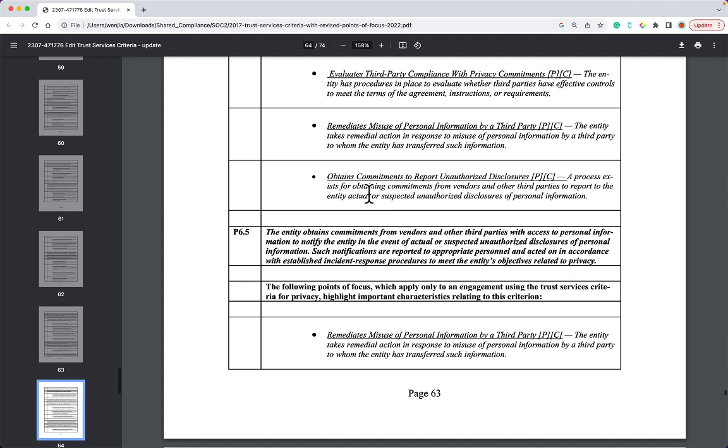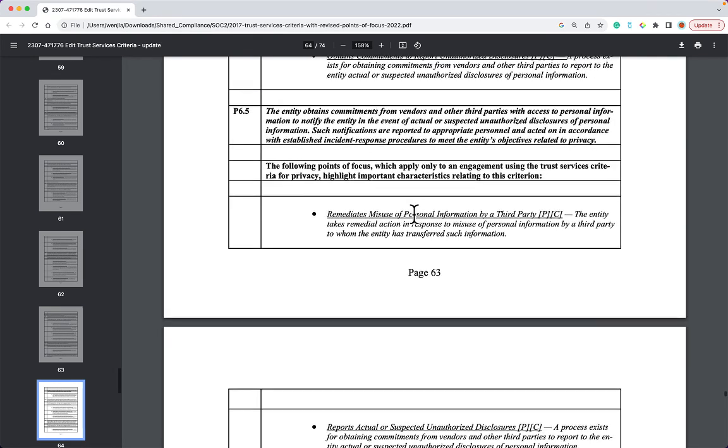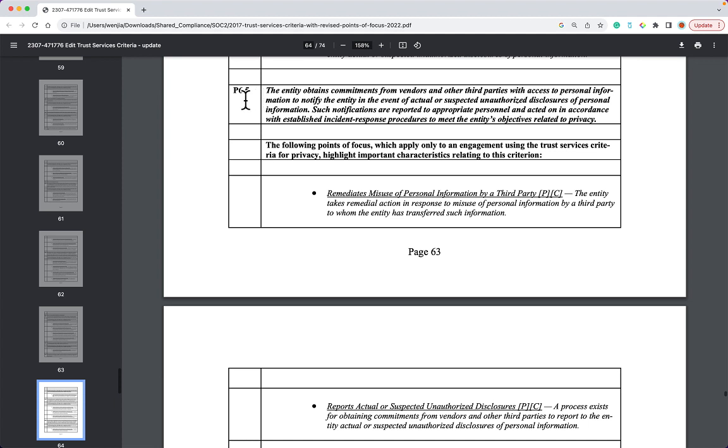So the third party should promise you they are going to tell you if any unauthorized disclosure happened. 6.5, the entity obtains commitments from vendors and other third parties with access to personal information to notify the entity in the event of actual or suspected unauthorized disclosure of personal information.